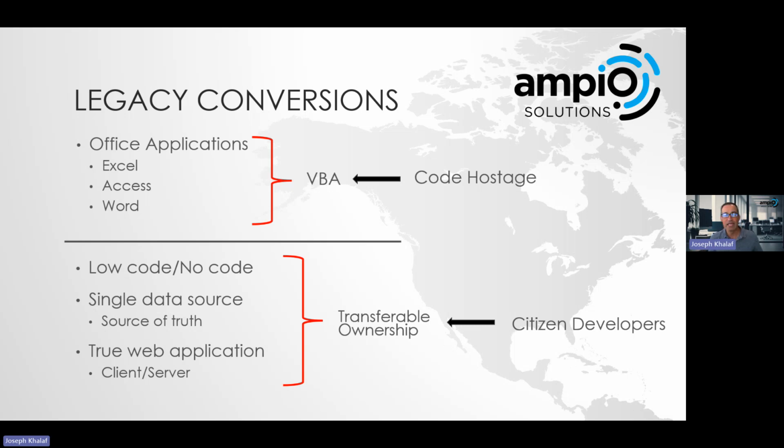And the back end is your single source of truth. And we'll talk about what that back end could be in a little bit. It could be SQL, it could be SharePoint, it could be Dataverse, it could be any other back end that is supported, and there's plenty of them out there supported by the Power Platform, but it's one single back end, one shared data source.